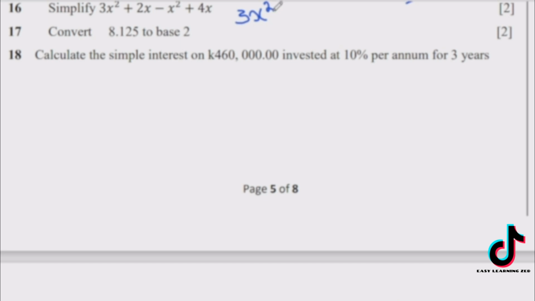Now I'm just going to rearrange this entire expression and put like terms together. Then it will be minus this x squared, then plus 2x plus 4x.